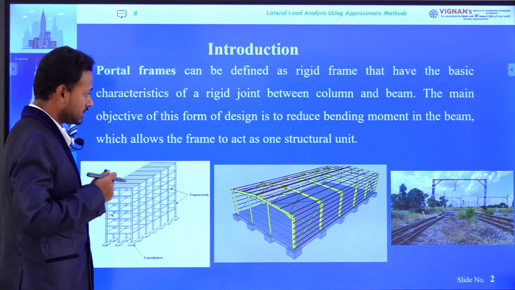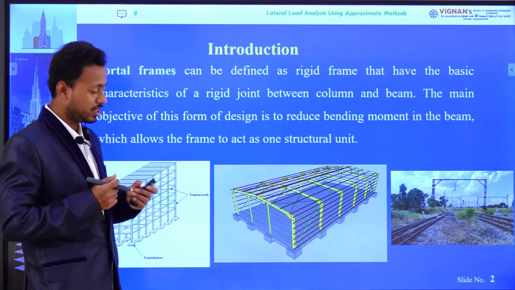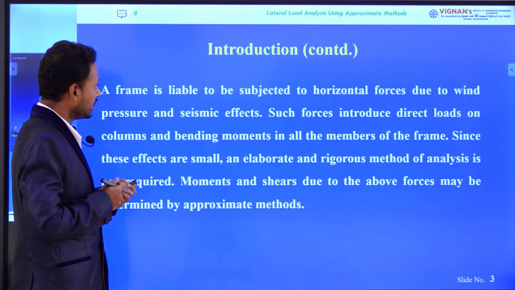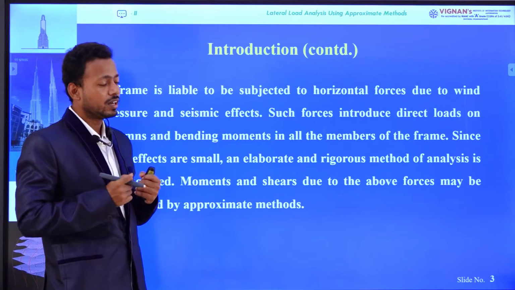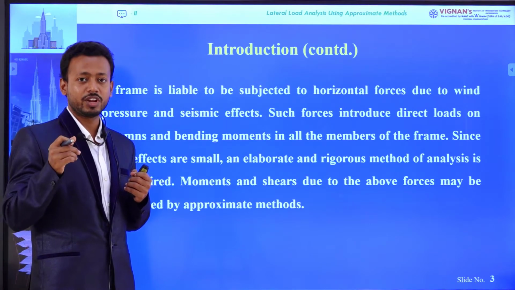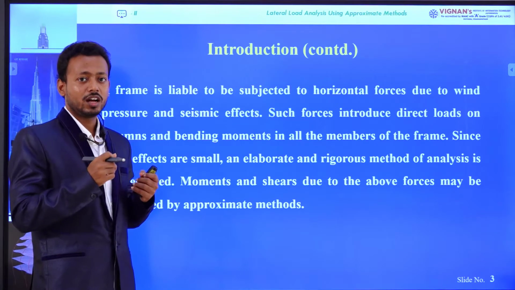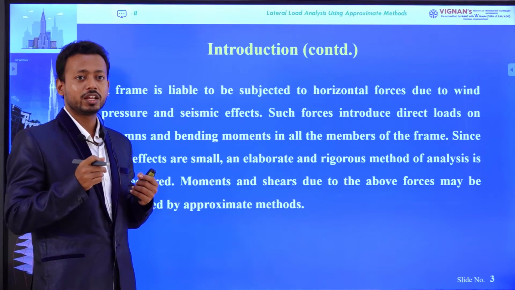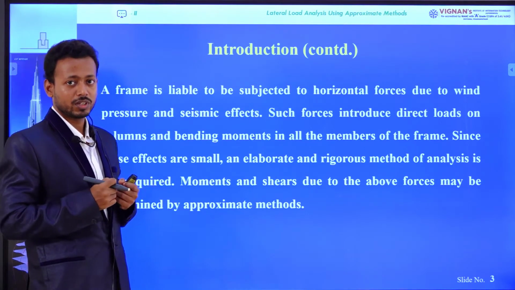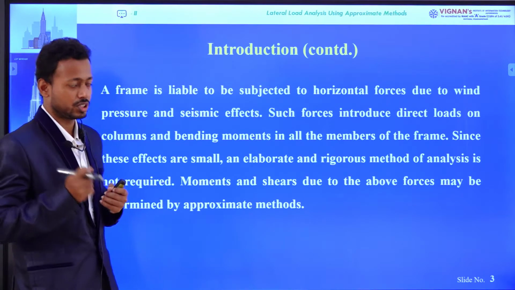So, let us analyze a frame by different methods. Here we will analyze a 2D frame, because a 3D frame is more complex and we are just starting the analysis of frames. So, we will only analyze the 2D frame subjected to horizontal or lateral forces.